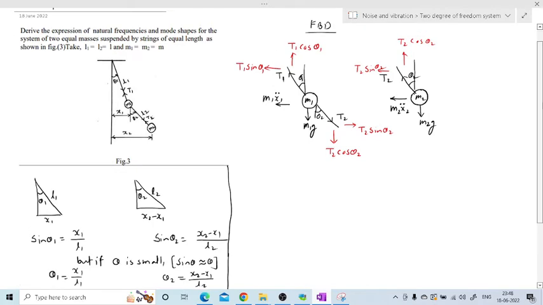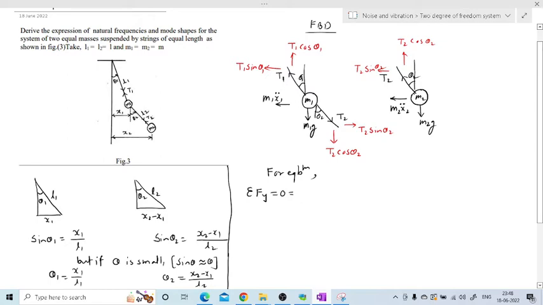If this system is in equilibrium, then for the equilibrium condition we can write summation Fx is equal to 0 and summation Fy is equal to 0. Initially I will take the summation of forces in the y direction equal to 0. So consider for the first one only forces in the y direction.